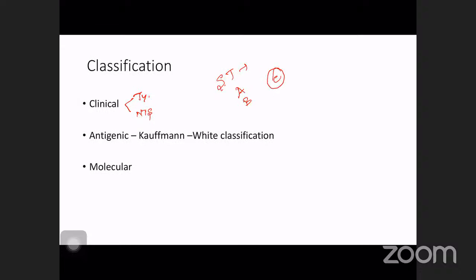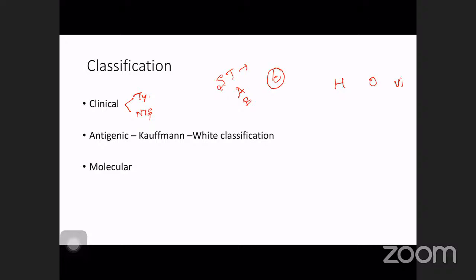Coming to the antigenic classification, it is also called the Kauffmann-White classification. Here, the antigens in Salmonella are the H antigen, O antigen, and Vi antigen. The Vi antigen is a polysaccharide antigen, or the capsular polysaccharide, the O antigen is a somatic antigen, and the H antigen is the flagellar antigen.